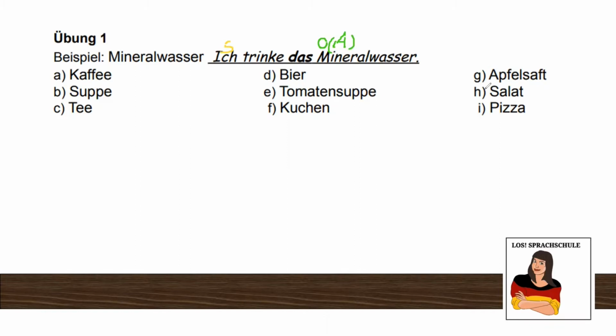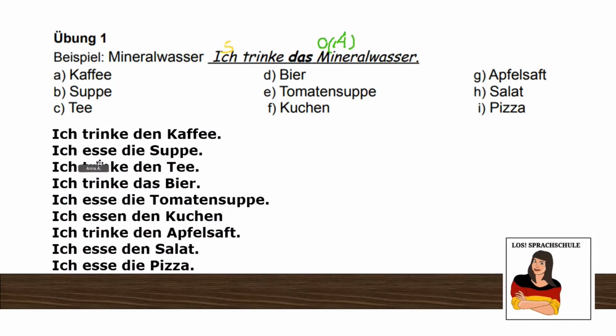Okay, take your time, try to make all the other sentences, and then we will compare. If I were you, I would also make a second sentence to make the object the subject to see how the article changes. But this is up to you.